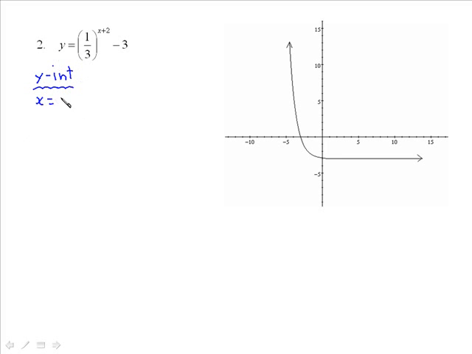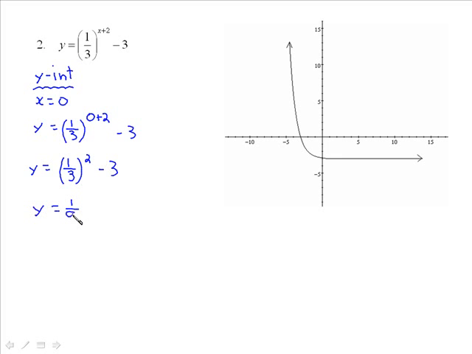So I replace x with 0, and then we get y is equal to 1/3 to the 0 plus 2, minus 3. Y is therefore equal to 1/3 to the 2, minus 3.